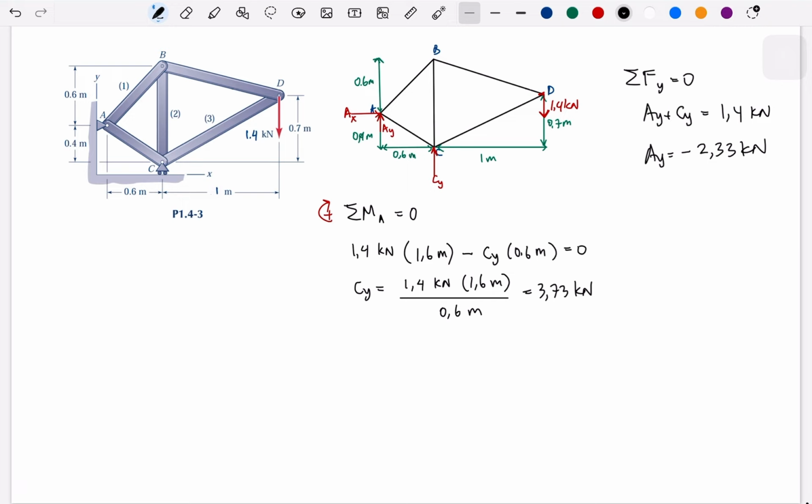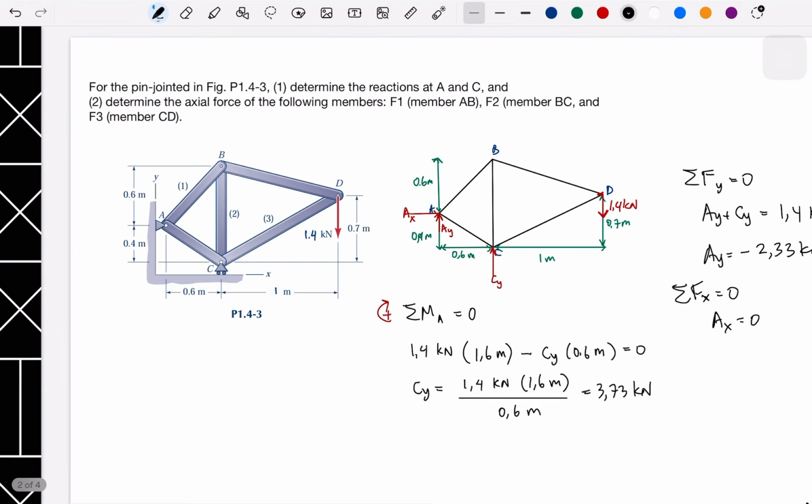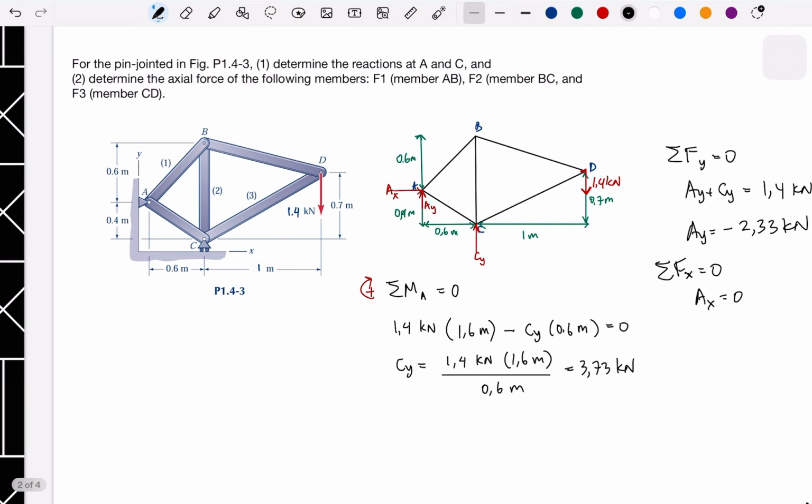And then since there are no other external loads on horizontal, we can say that the Ax is 0. Okay. Or maybe to complete the answer, we can write the sigma F for x-axis is 0. Okay. All right, so we move on to the second question.